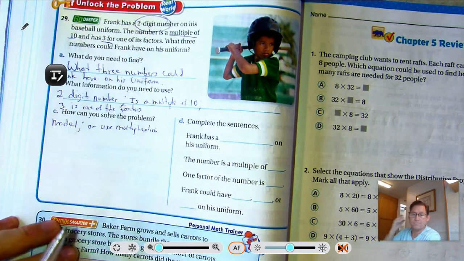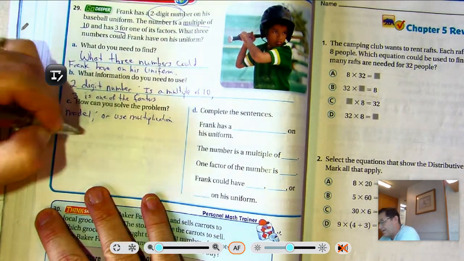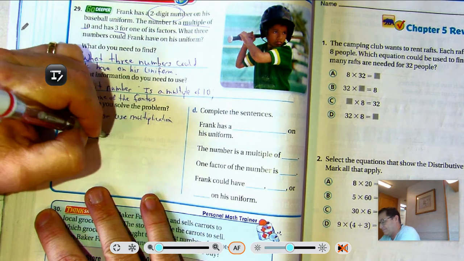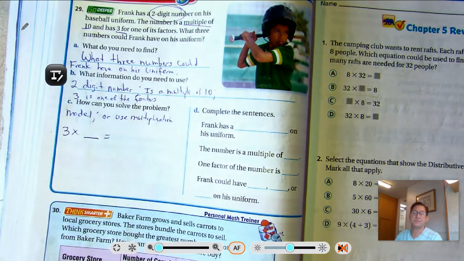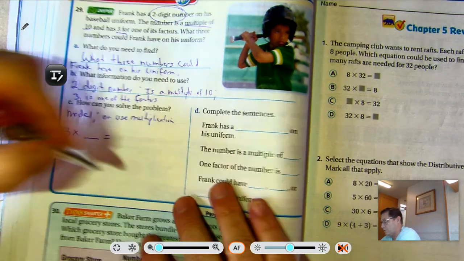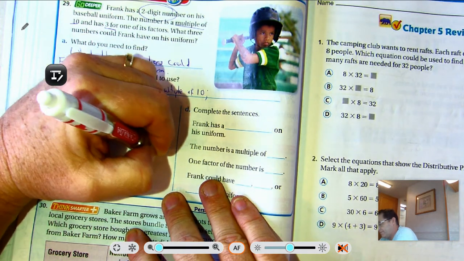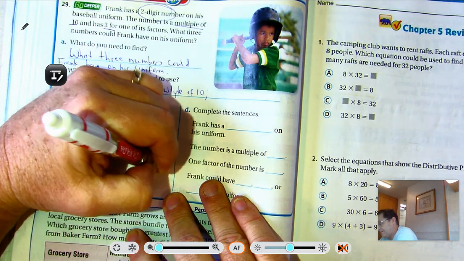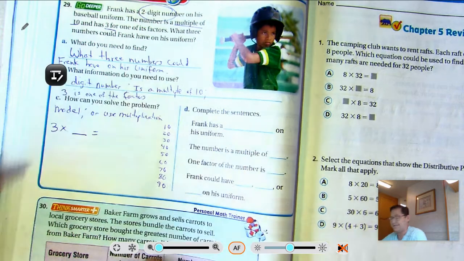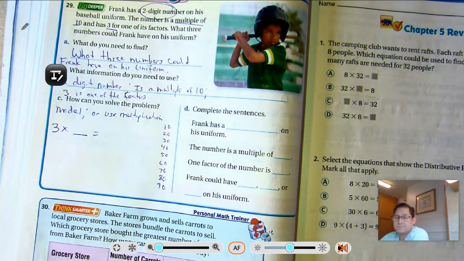So what they're saying is 3 times something gives me a multiple of 10. Well, 10, 20, 30, 40, 50, 60, 70, 80, 90. Those are the multiples of 10 that are 2-digit numbers.